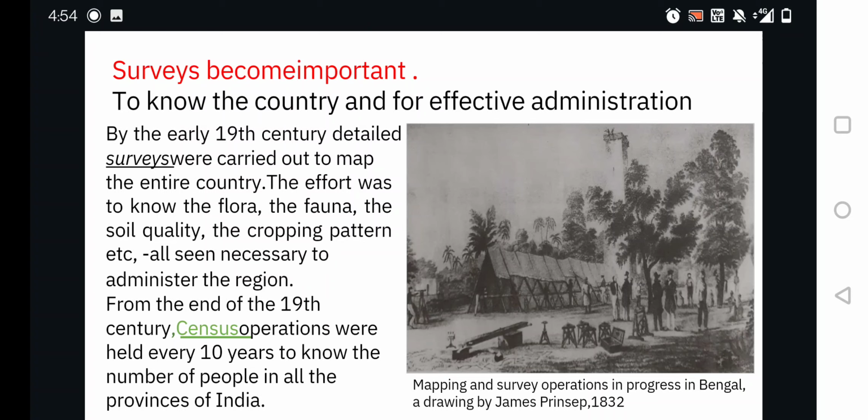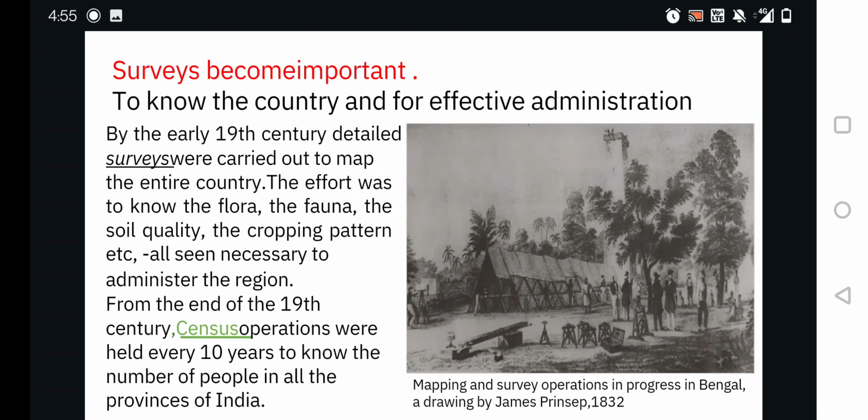Census is basically the operation which was held after every 10 years, and it first began in 1872. So it began at that time, and after that, after every 10 years it continued. So a census means counting of people and knowing different aspects of people.